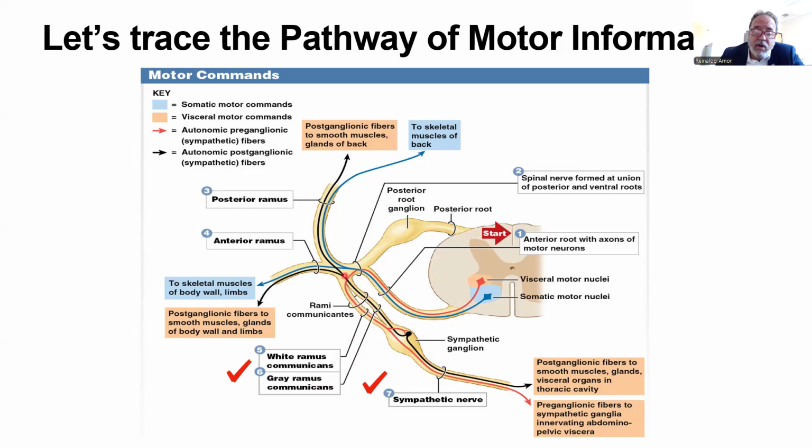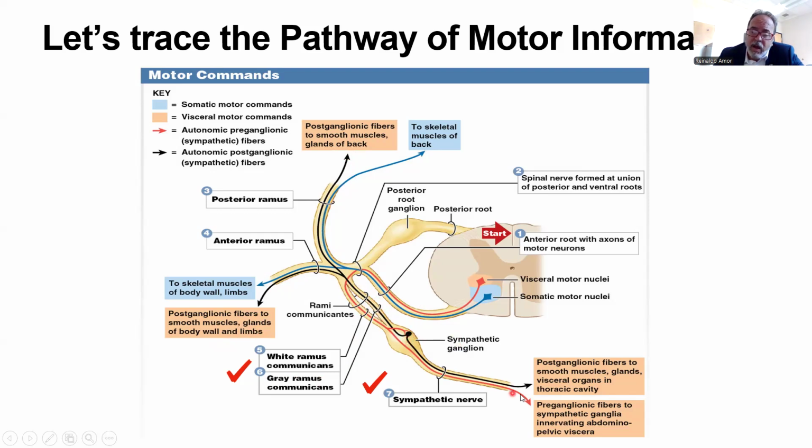Okay, when you get to the spinal nerve, then it can go towards the back or towards the body wall and limbs. Okay, but what type of commands, who are they targeting? They're targeting smooth muscles and glands of the back, or smooth muscles and glands of the body wall and limbs.